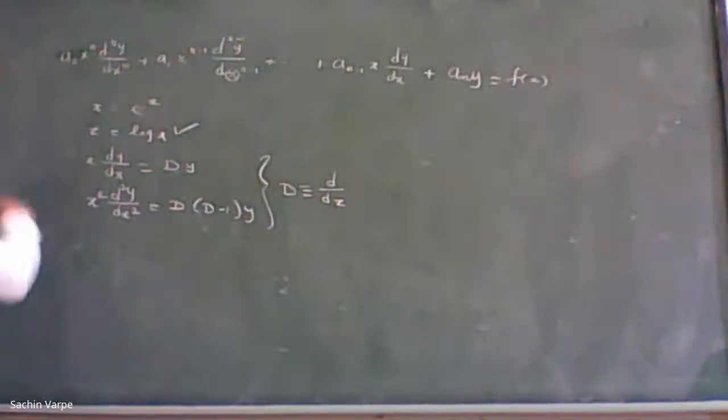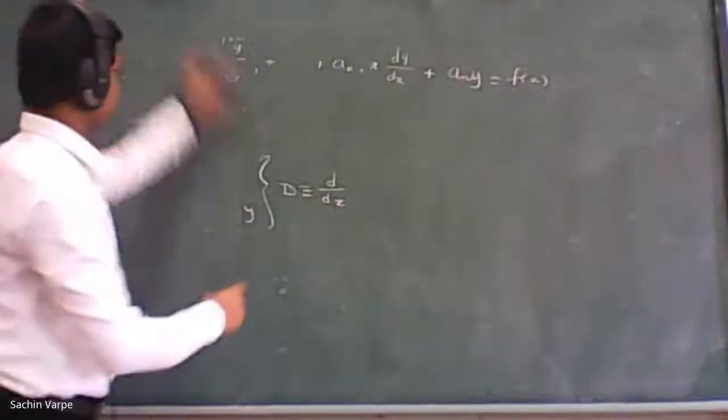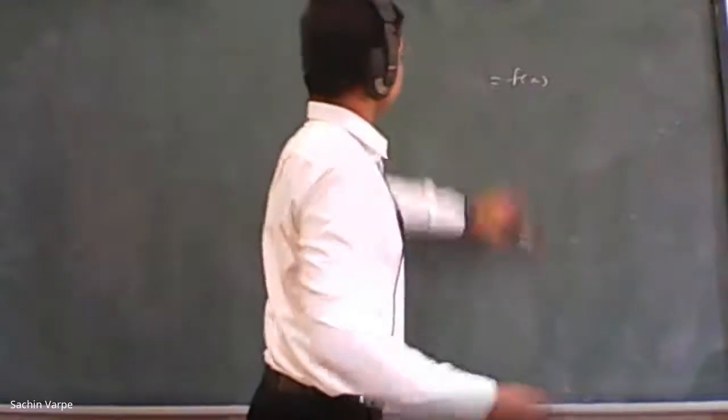This is about Cauchy's. So what does Legendre's say? Legendre's says, if the coefficients are of the form of polynomials in x, that is Legendre's LDE, linear differential equation.